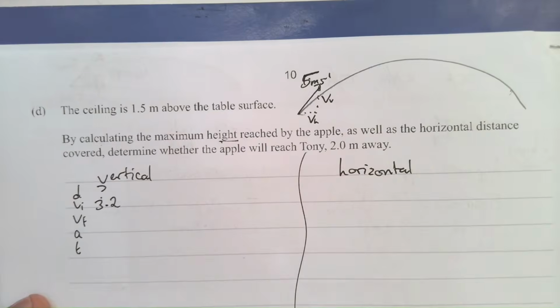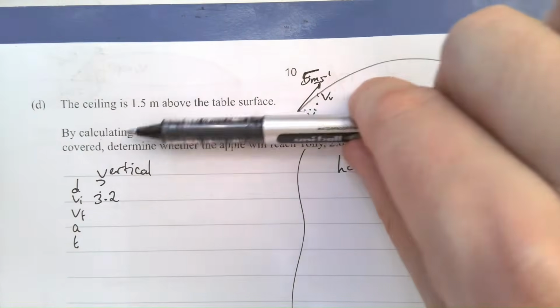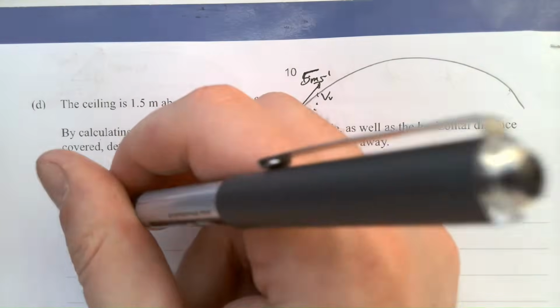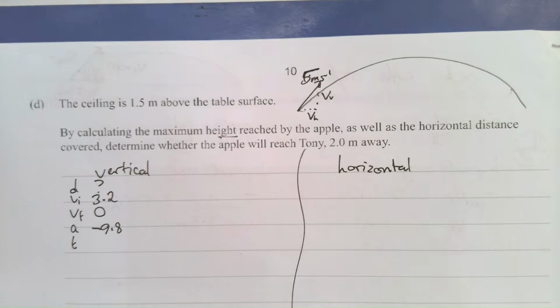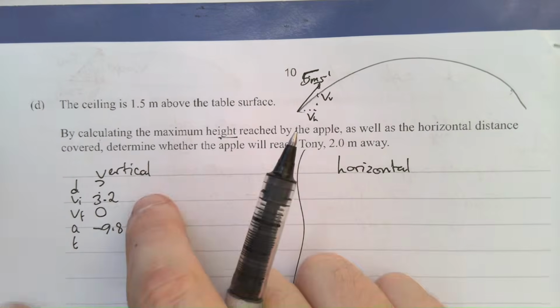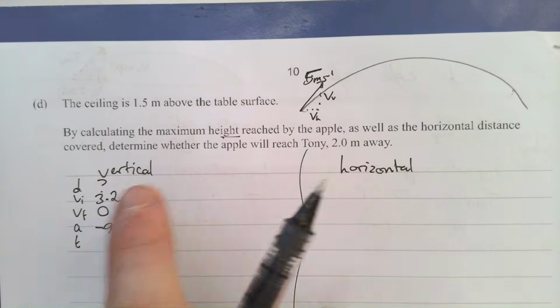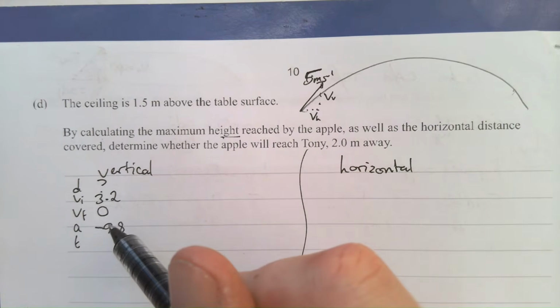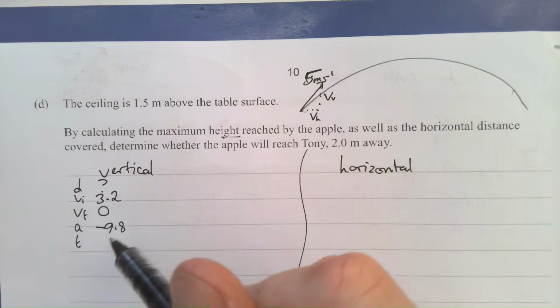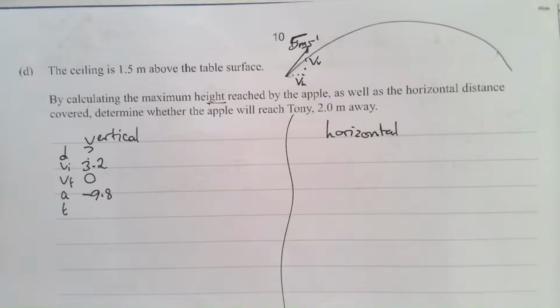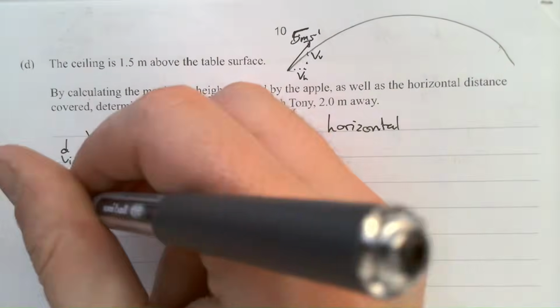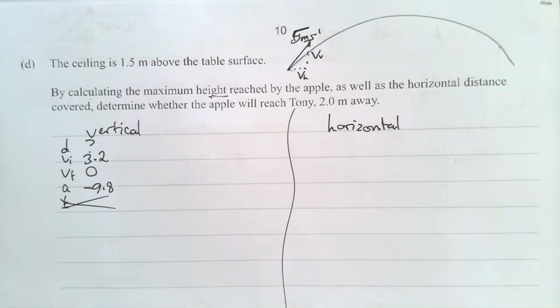When the apple's reached its maximum height, it will have a velocity of 0 vertically, so our vf is going to be 0, and our acceleration due to gravity is minus 9.8. I always do left to right as positive and upwards as positive for these values. Some people prefer to have acceleration as positive. To me, it's just like the opposite to a graph, so it doesn't make any sense to do that. But same idea, you get the same answer.